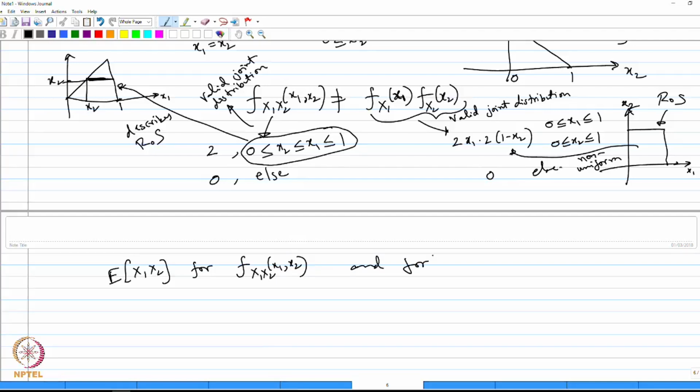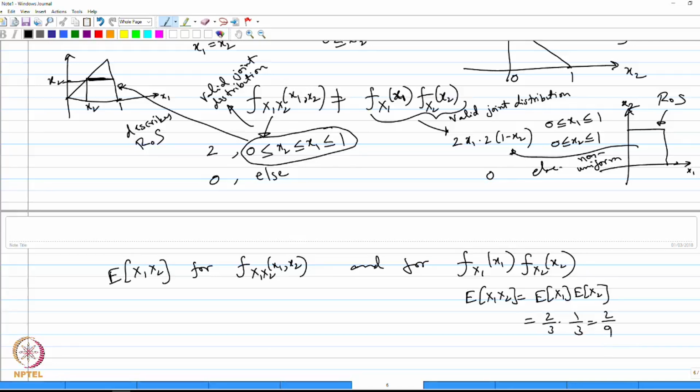For the product distribution, the expected value of x1 x2 will be the product of the expected values. You will get 2 by 3 into 1 by 3, which is just 2 by 9. For the other one, it will not be the same. It will be something else.